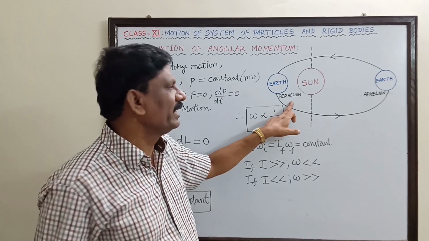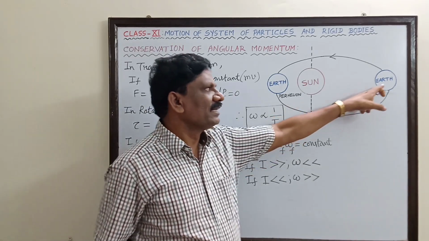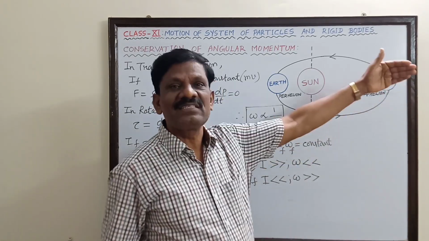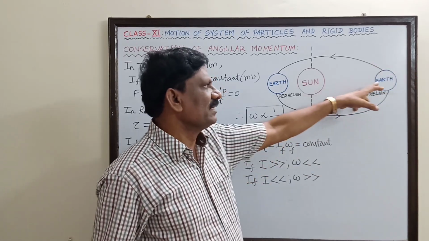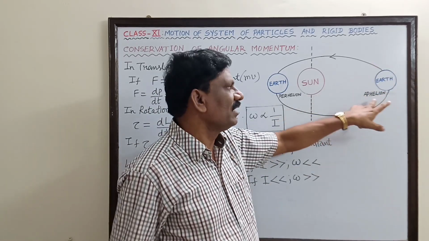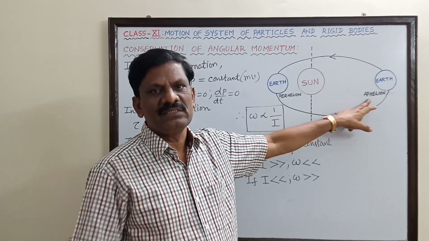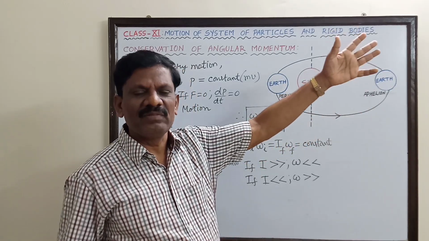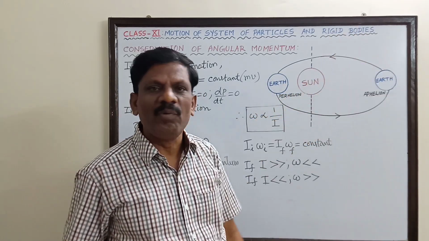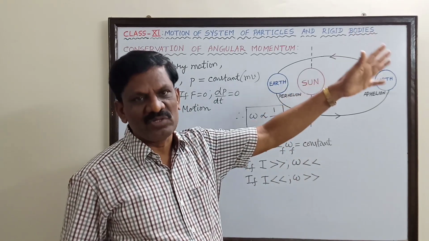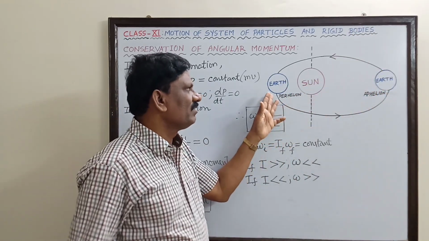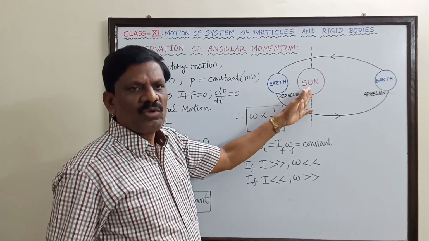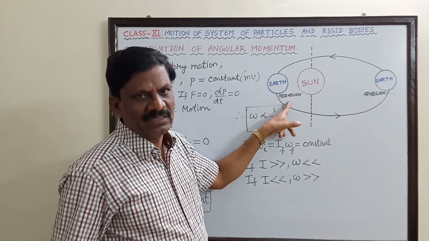Whenever the earth is at the farthest distance from the sun, that position is called aphelion, also called apogee, a very far position.